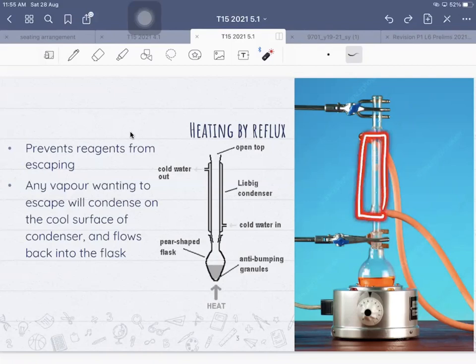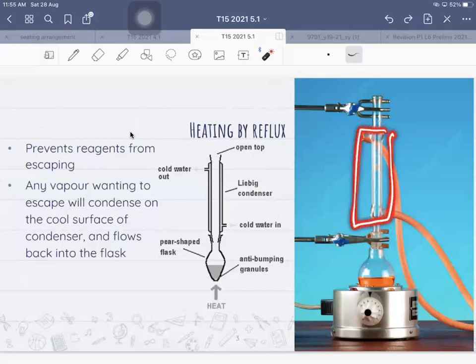Imagine this is a Liebig condenser. Oh, I forgot to mention, in this Liebig condenser, there's water in and water out. The reason for this is to make the Liebig condenser cold for condensation to happen. So back to my ethanol in gas form.